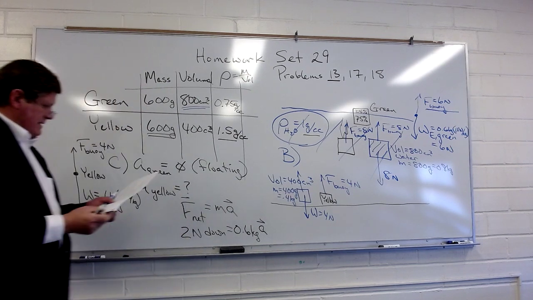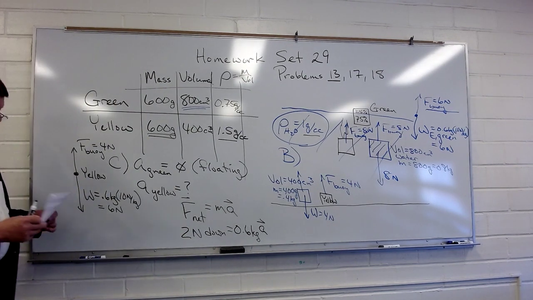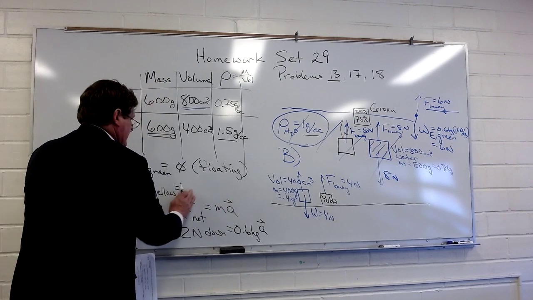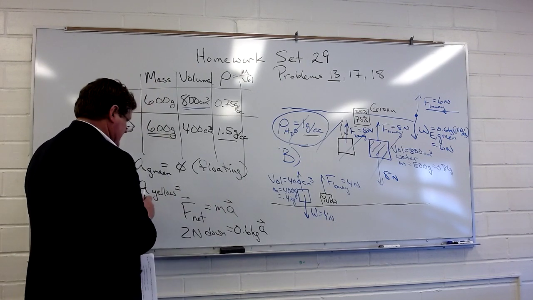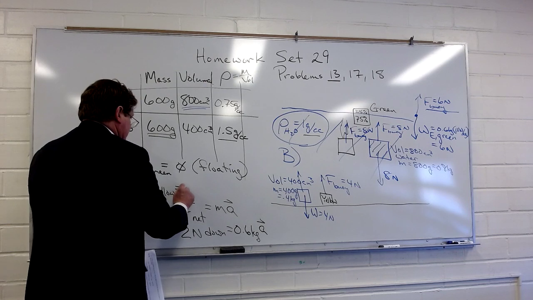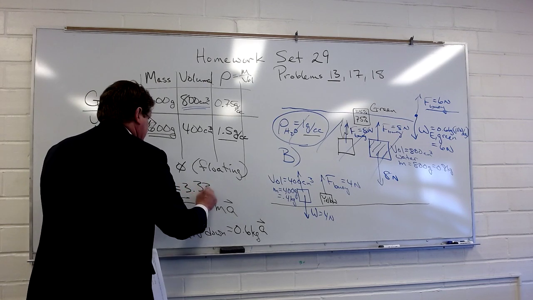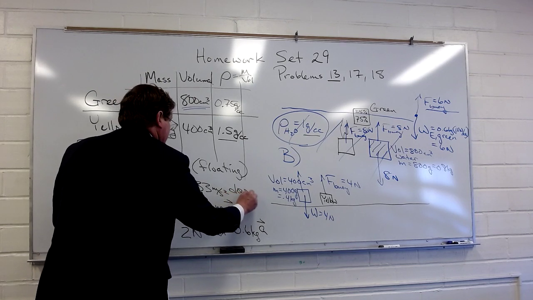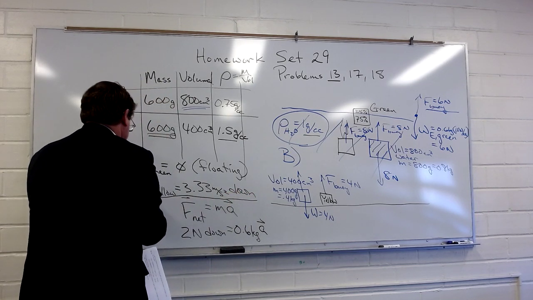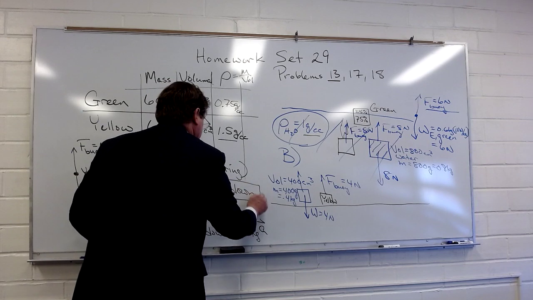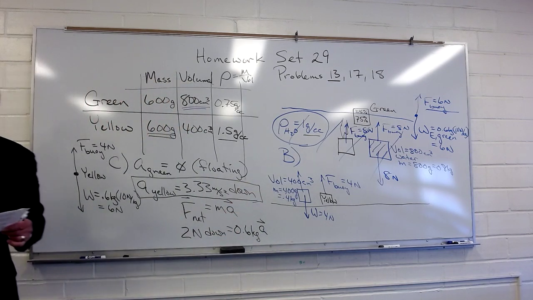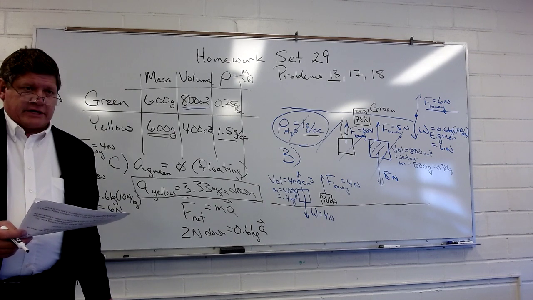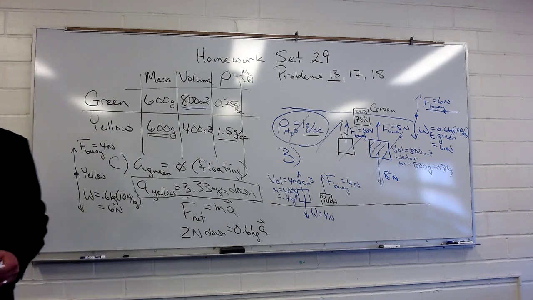And that's going to give me an acceleration of, if I divide 2 by 0.6, I'm going to get 3.33 meters per second squared down. Okay, and that was arguably the most challenging part of that problem right there.